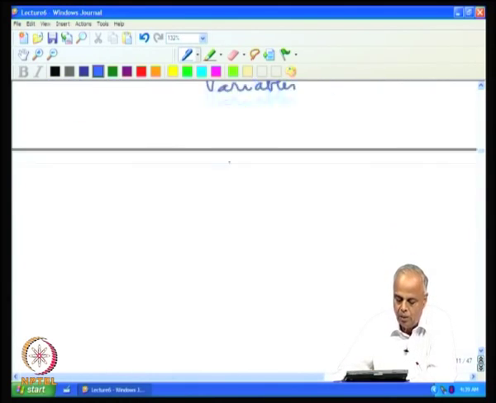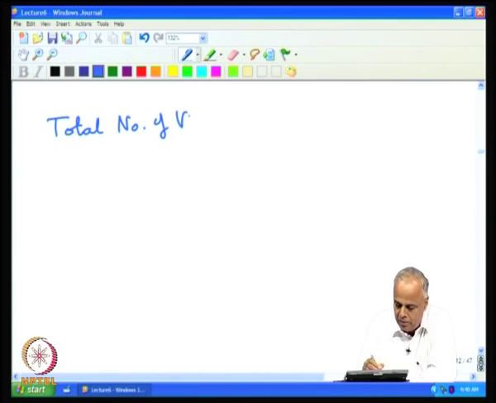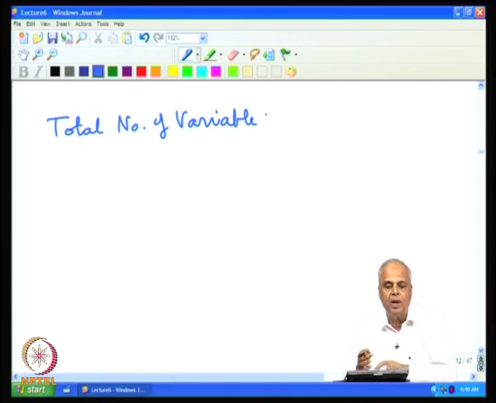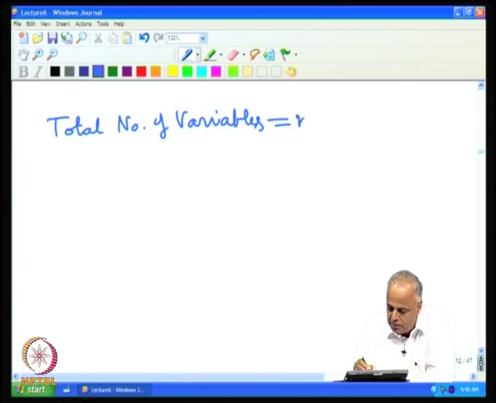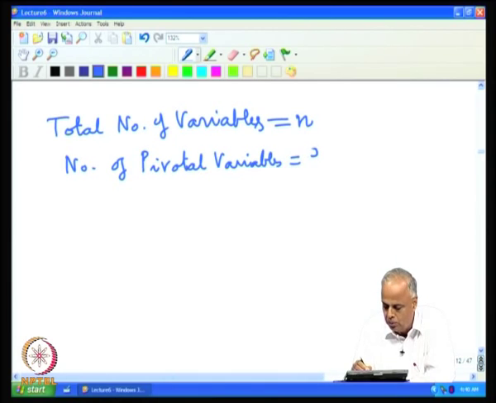Now, if there are rho pivotal variables, how many non-pivotal variables are there? The total number of variables or unknowns, if it is an m by n matrix, the unknowns are x1, x2, x3, ..., xn. So, the total number of variables is n, and the number of pivotal variables is equal to rho, which is the row rank of the matrix.